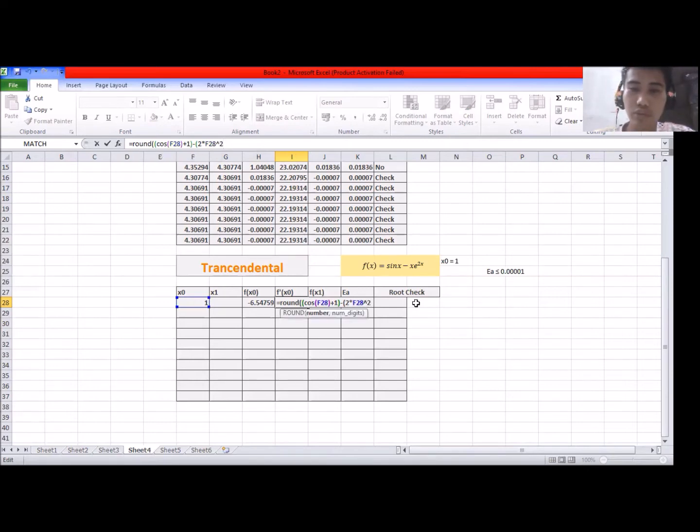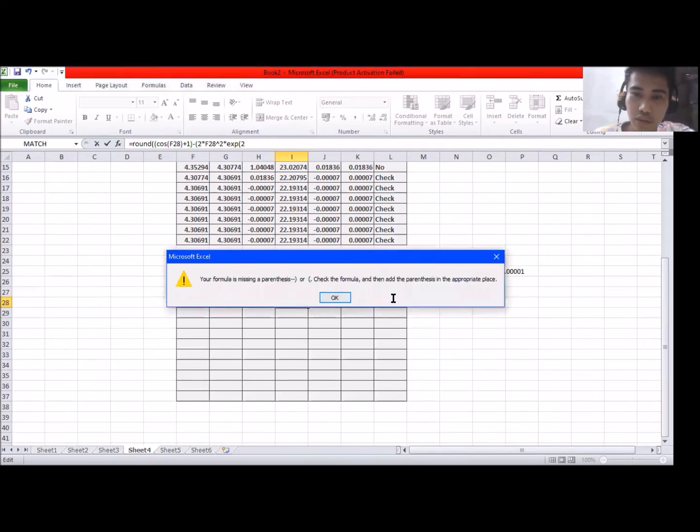So here 2, then multiply it again by the exponential of 2x.